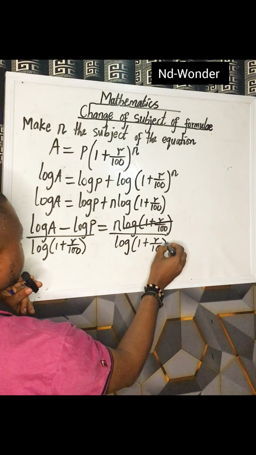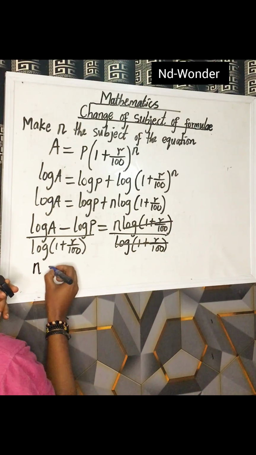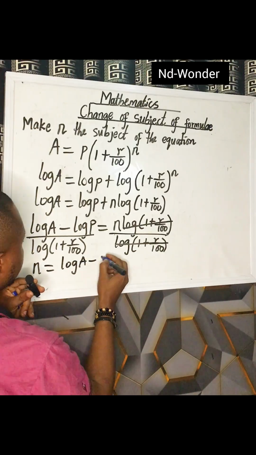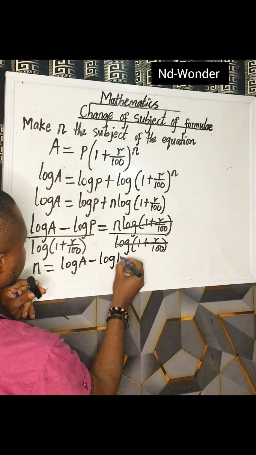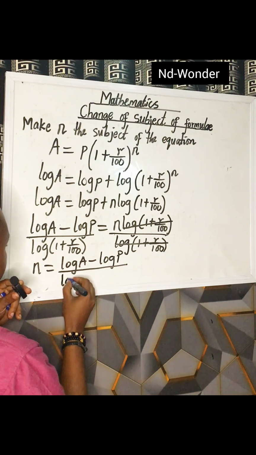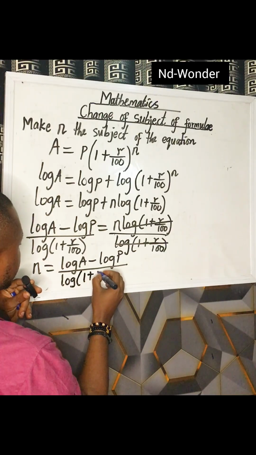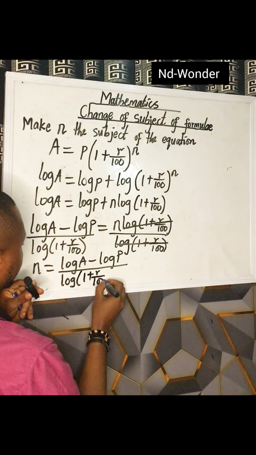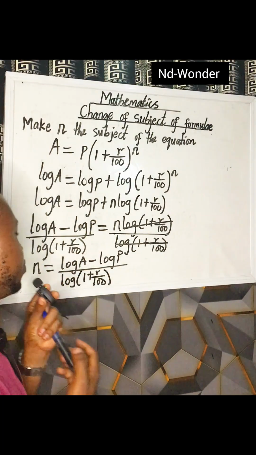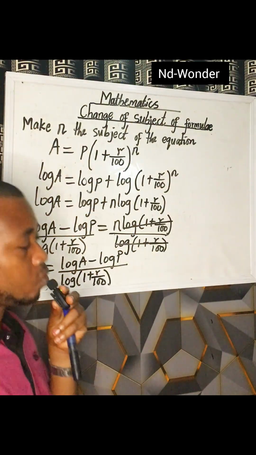So this cancels this. So what I have becomes n is equal to log of a minus log of p, all over log 1 plus r over 100. So this becomes the value of n when n is made the subject of this equation.